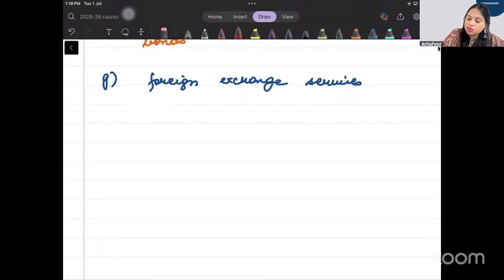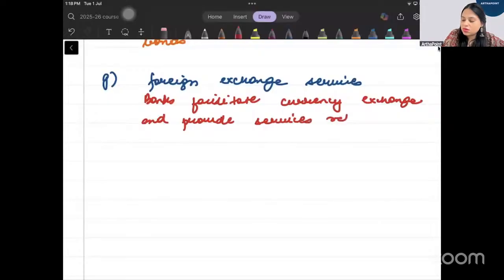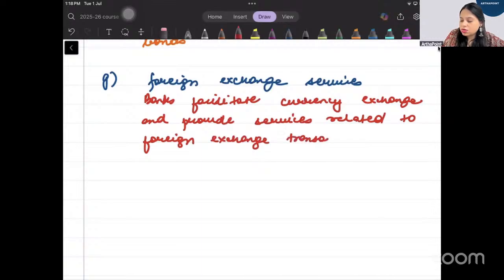So please write down. Banks facilitate currency exchange and provide services related to foreign exchange transactions.